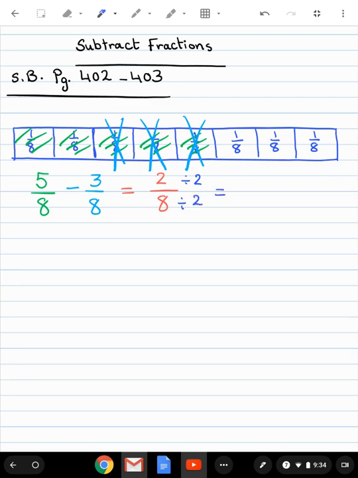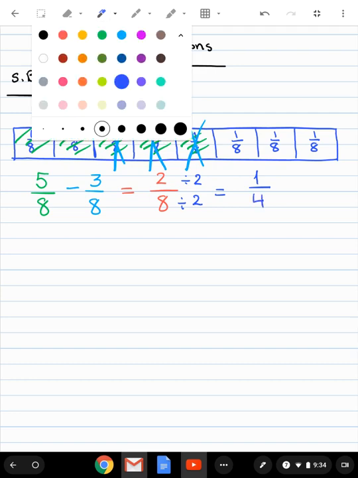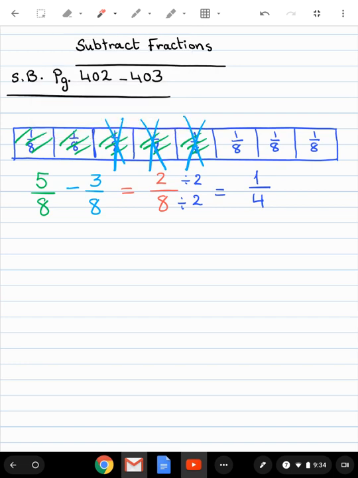So what will we have? 2 divided by 2 is 1 and 8 divided by 2 is 4. So the simplest form of this fraction is 1 out of 4. This is the simplest form.